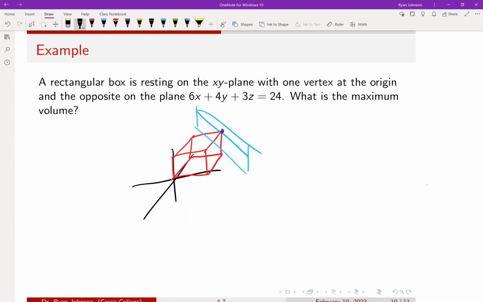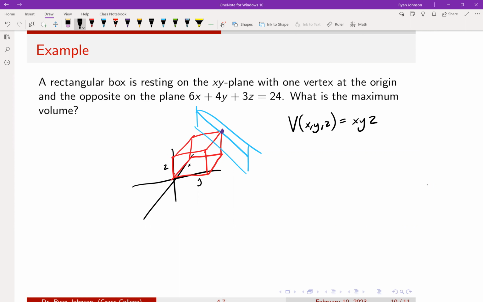Well, think to yourself, what is the volume formula for a box that has the far corner at x, y, z? That means x would be there, y would be there, z would be there. So the volume of the box is x times y times z. And here's a constraint that we have.